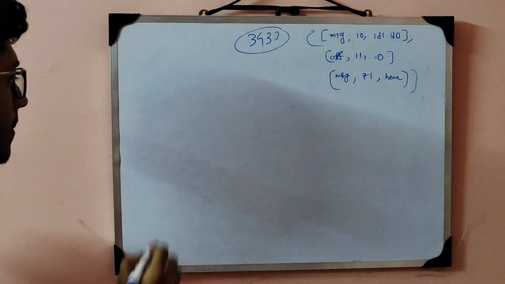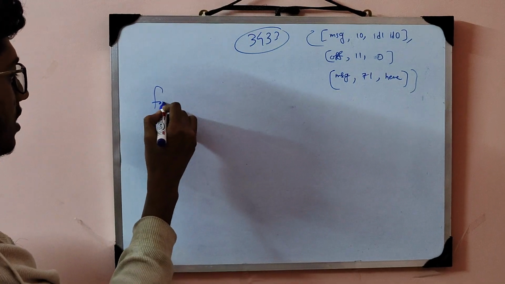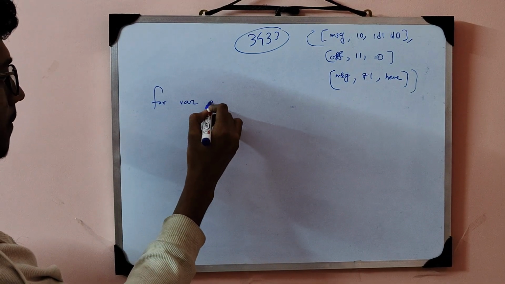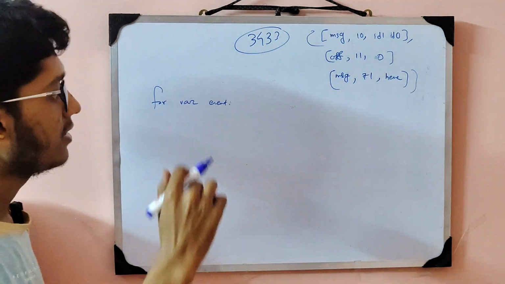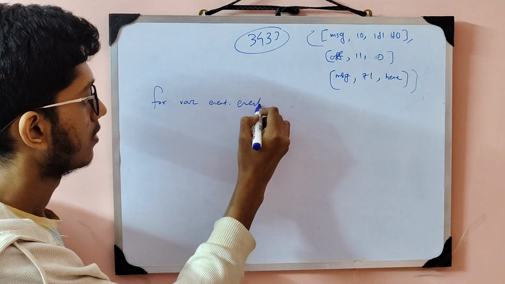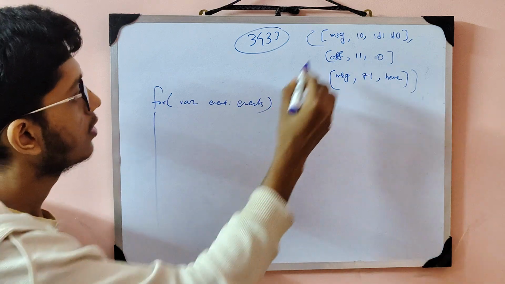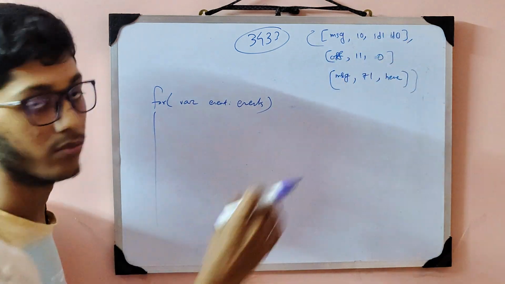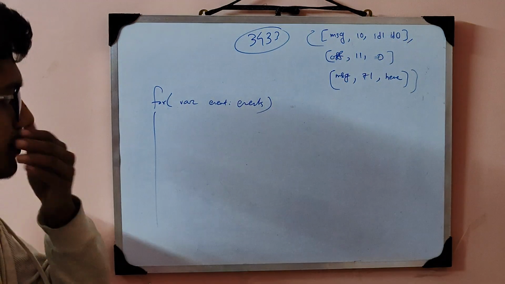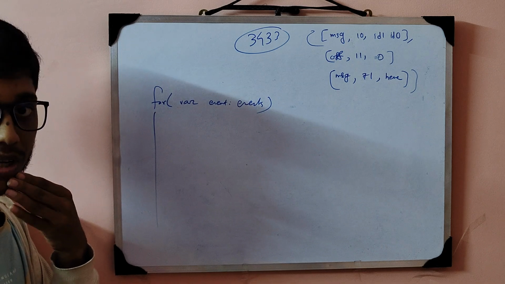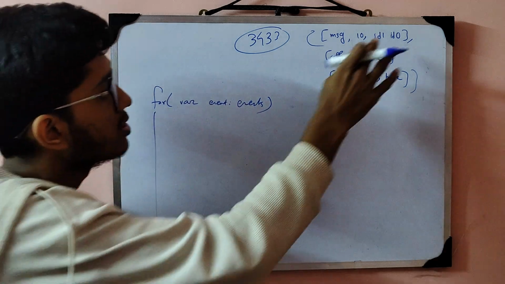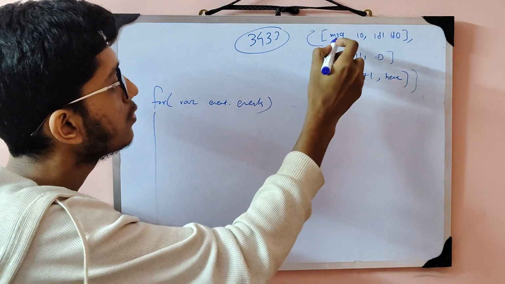So what you will do, you will run a for loop for every event. This for loop will iterate on every one of these. Now what you need to extract, suppose you are here, you need to get this one.